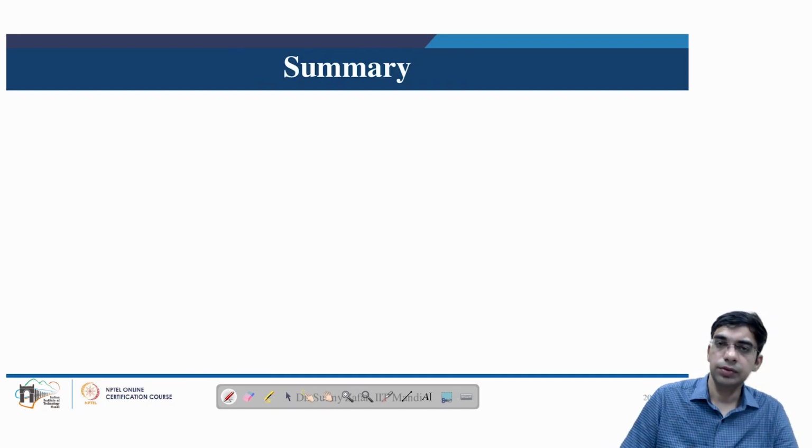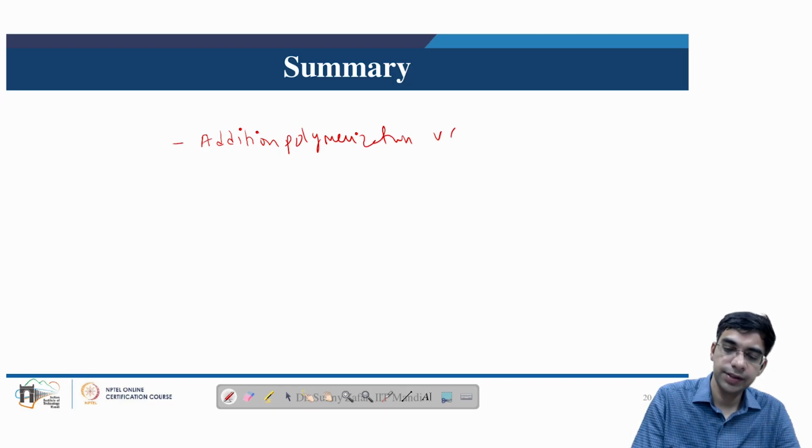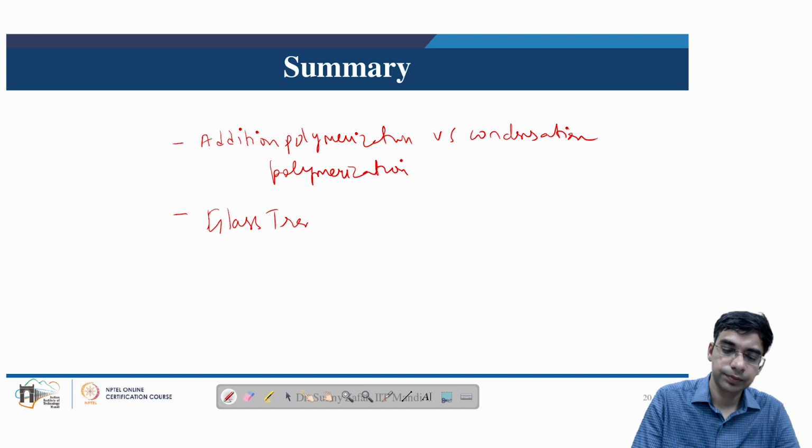With this we come to the end of this lesson. We will summarize what topics are covered. In this lesson we have seen in detail the comparison of addition polymerization versus condensation polymerization. We have looked in detail at the concept of the glass transition temperature, Tg.